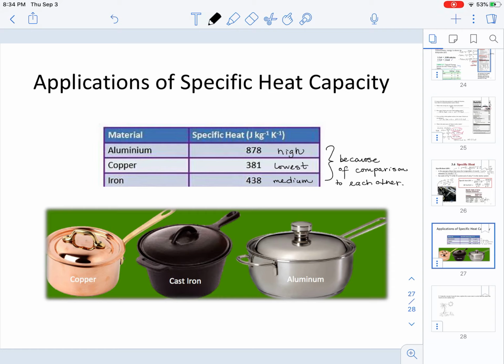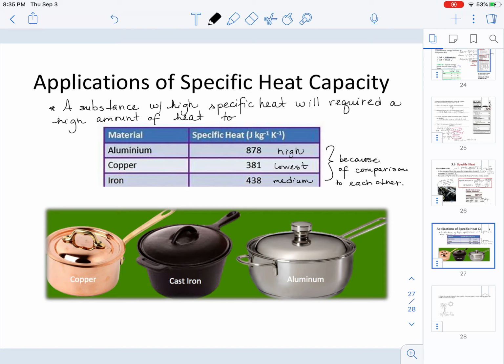So again, the trend in specific heat is that a substance with high specific heat will require a high amount of heat to raise the temperature of 1 gram of substance by 1 degree Celsius.